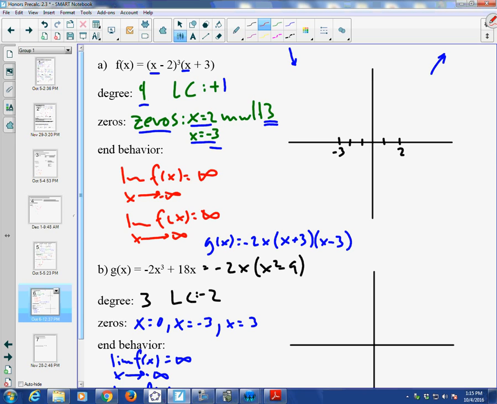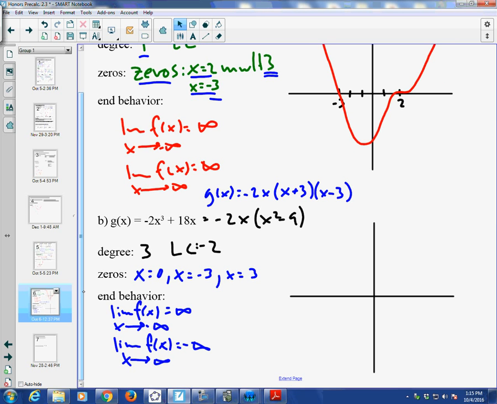So drawing this graph out, we're coming from positive infinity. First, we're crossing at -3 like a straight line. And then we're going to come back up to the zero of 2 and cross at 2 like a cubic. Looking something like that.